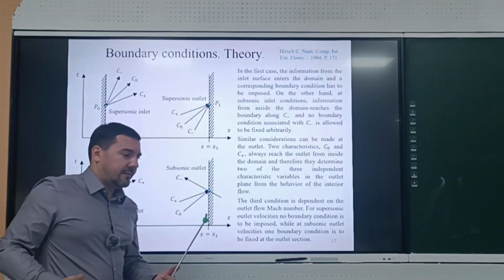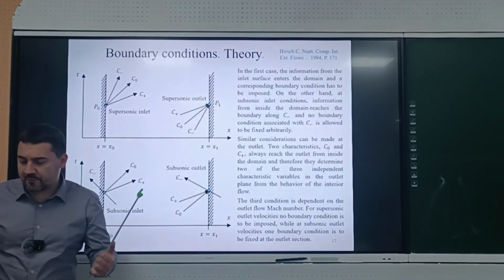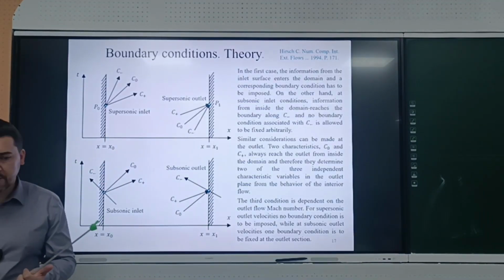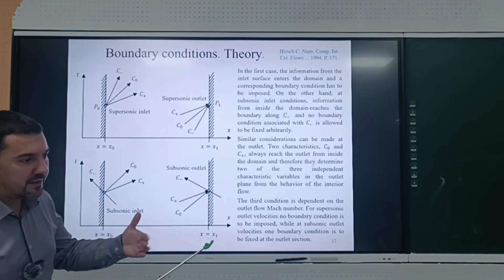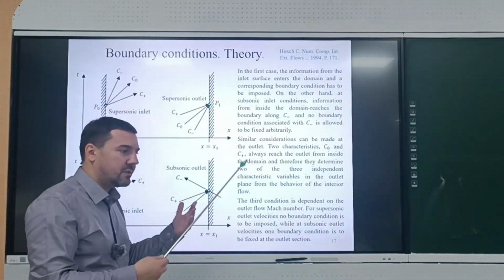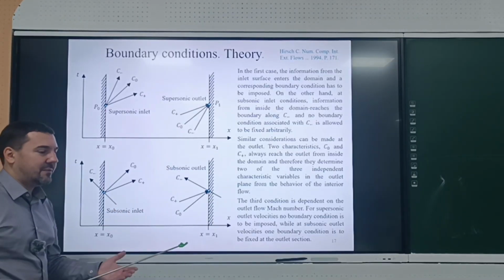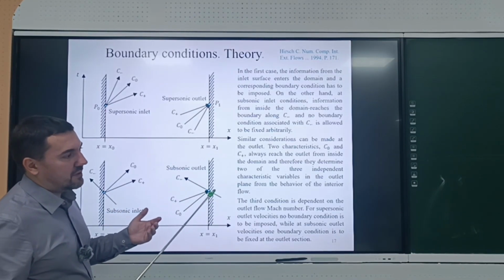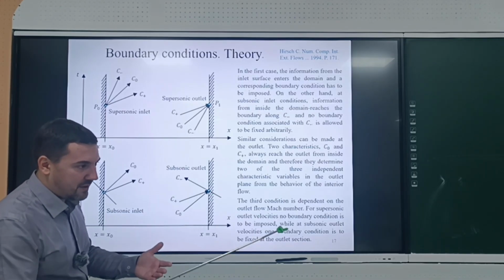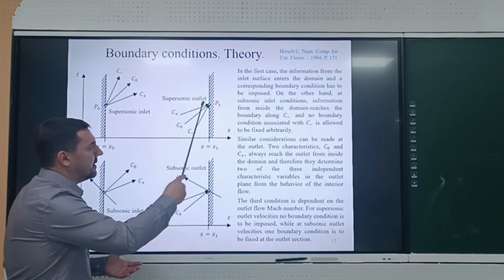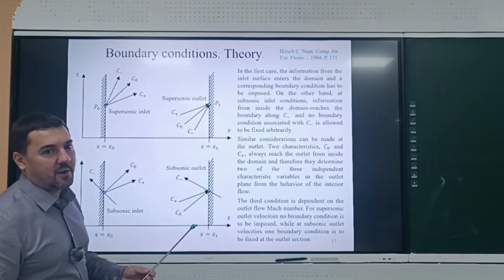That's maybe confusing for students, for PhD students, that if you have a supersonic outlet, you do not need to impose anything. The reason for this confusion is that if you solve the problem numerically, you for sure should impose something at your ghost cell at the right boundary.